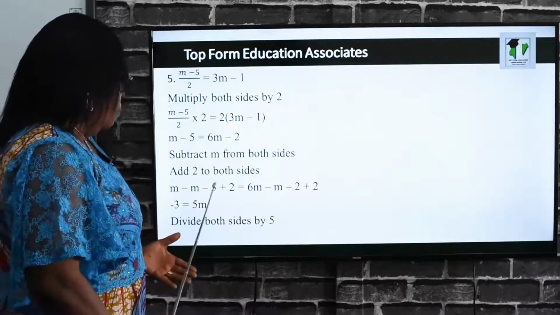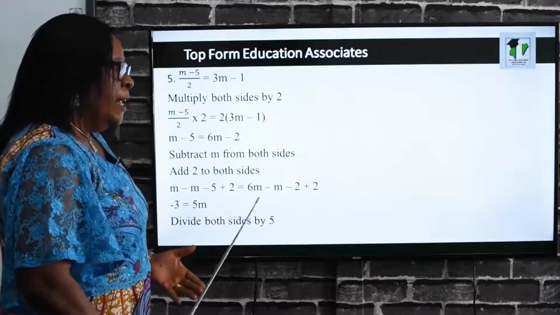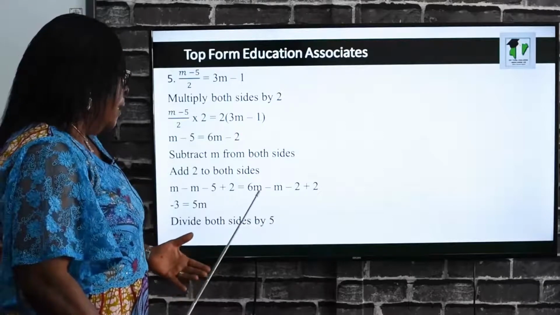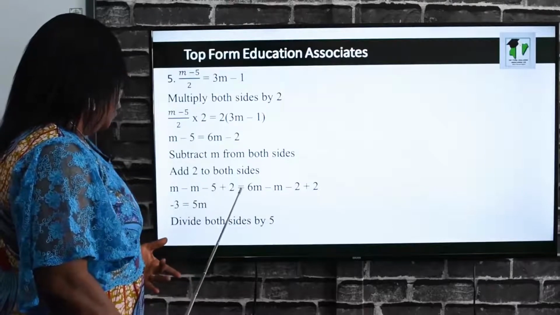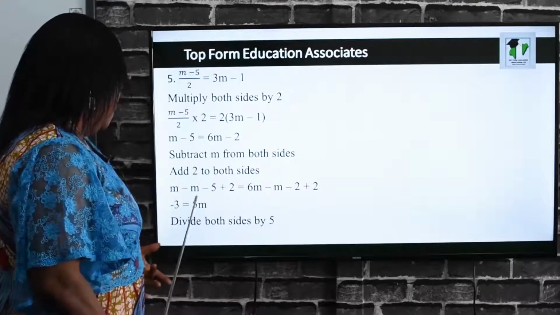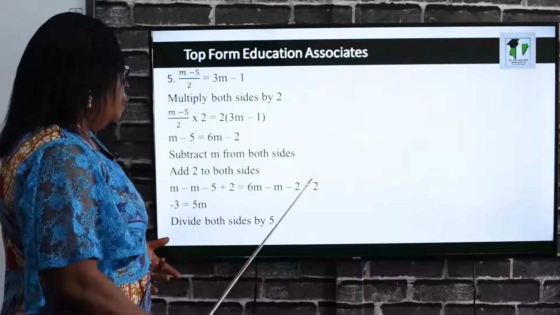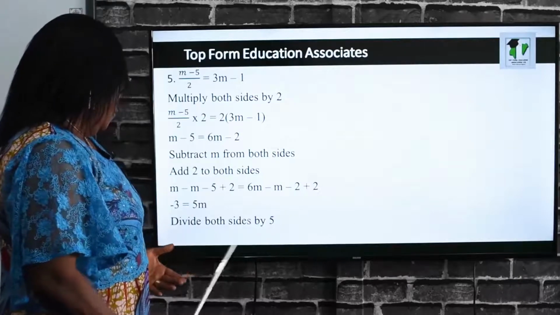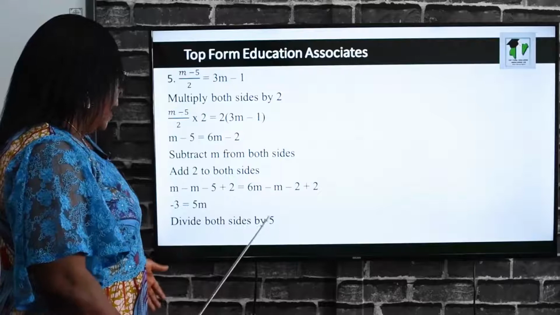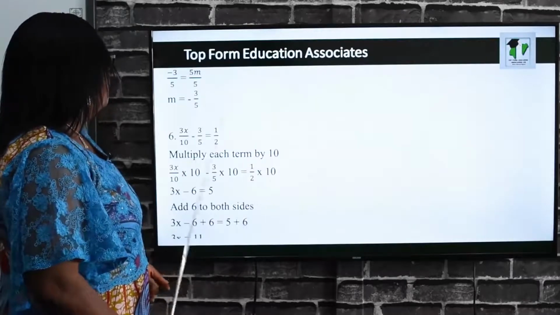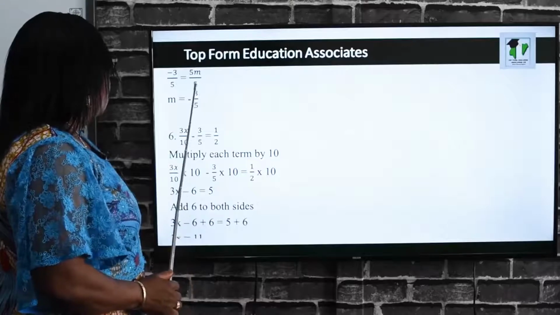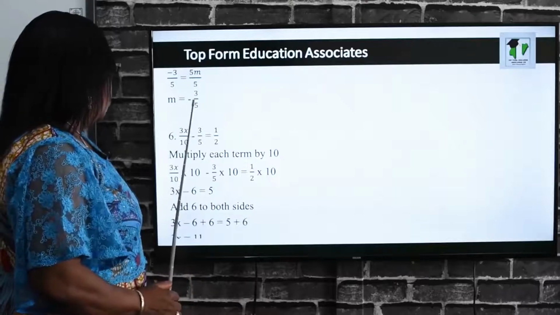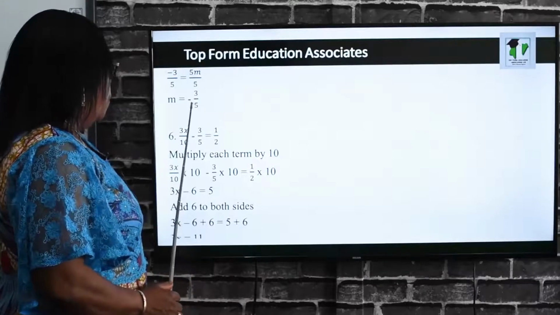Different signs we subtract, but the sign in front of your answer is the sign in front of the bigger number. It is equal to 6m minus m is 5m, minus 2 plus 2 is 0. So we divide both sides by 5, giving us minus 3 over 5 equals 5m over 5. m is equal to minus 3 over 5.